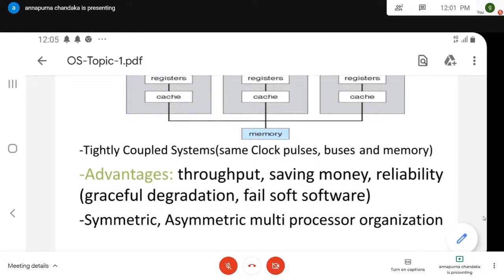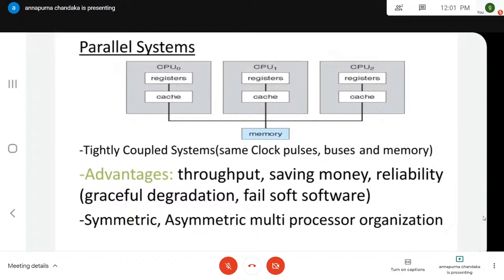Before going to the different kinds of advantages of this parallel system technology, I'll tell you from the student's point of view a little bit of example. Suppose you take a 3x3 matrix addition. Suppose you have two 3x3 matrices.